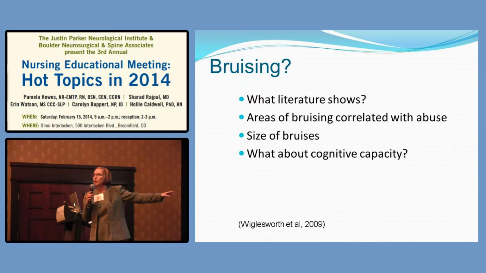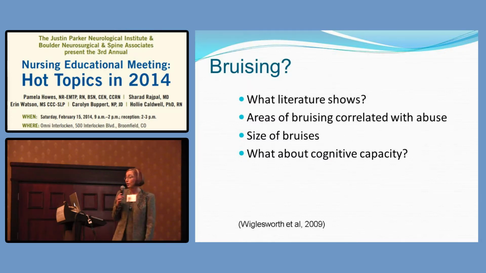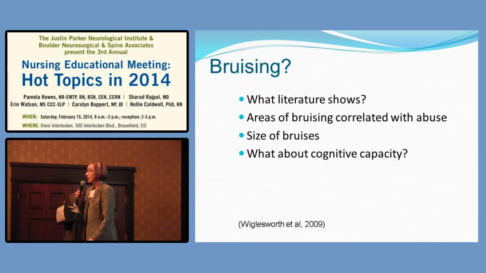Wigglesworth and her team were actually contracted and received money from the National Institutes of Justice to do a forensic study specifically on bruising. And because we are nurses and because we look at bruising and we do a lot of documentation of bruising, I wanted to bring this particular research to your attention, and it's also included in your reference list if you want to go and find this article for yourself.